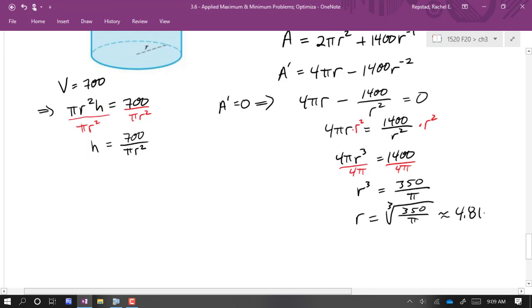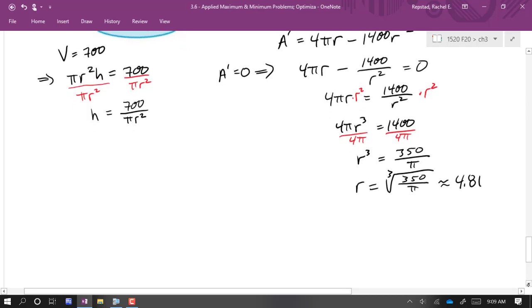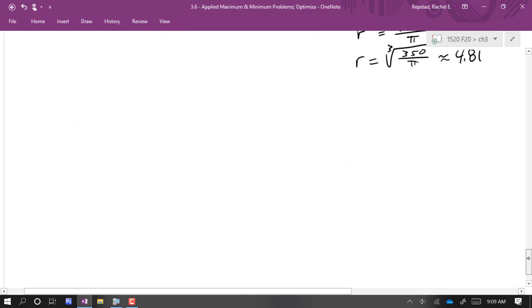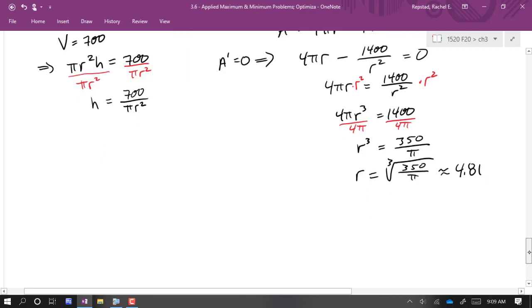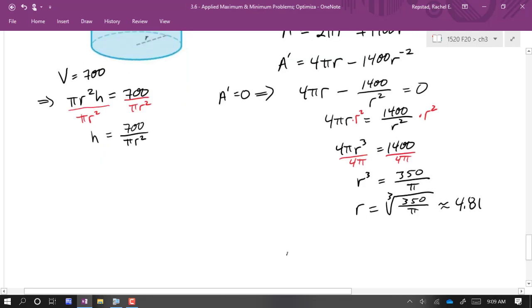Now to see if this is a maximum or minimum, I think I'm going to find the second derivative. So let's see. So we have the first derivative up here. A prime is 4 pi r minus 1400 r to the minus 2.